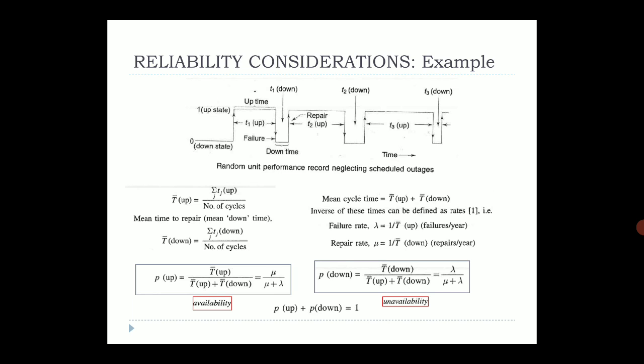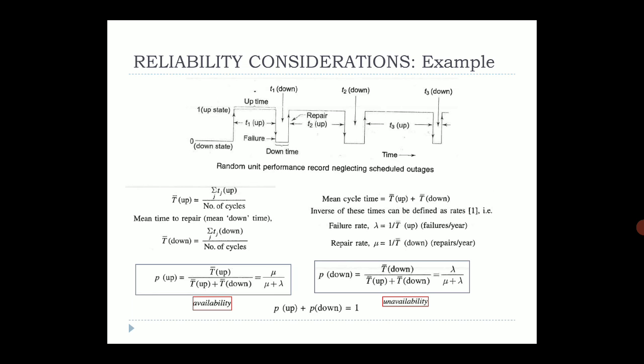So this is called the mean uptime. Now the mean repair time or downtime is again you sum up all the times the generator was down and divide by the number of cycles. So the mean cycle time is nothing but the mean time it was up plus the mean time it was down.